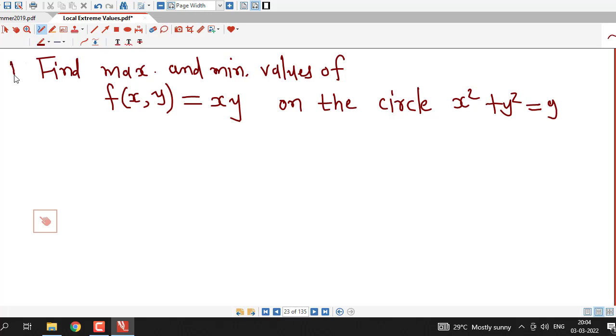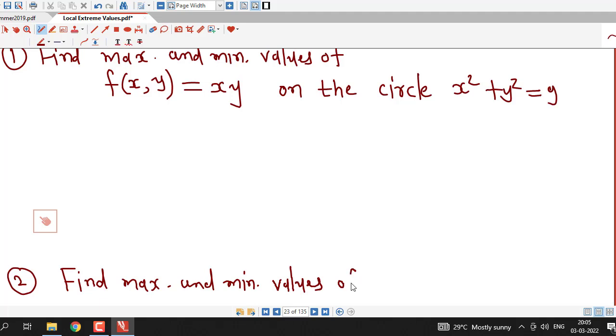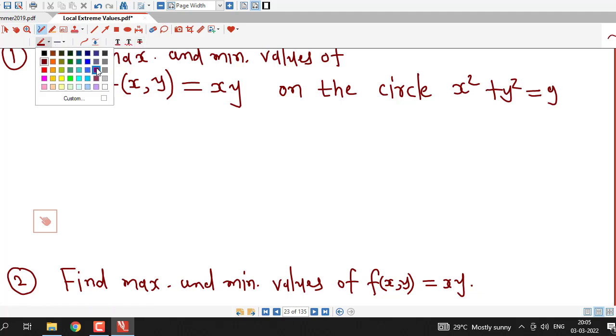So I am considering two questions here. One question is to find the maximum and minimum values of f(x,y) equal to xy on the circle. Another question is to find the maximum and minimum values of f(x,y) equal to xy. You can understand the difference between these two questions.